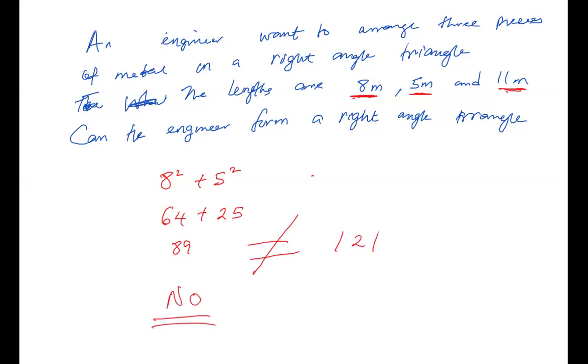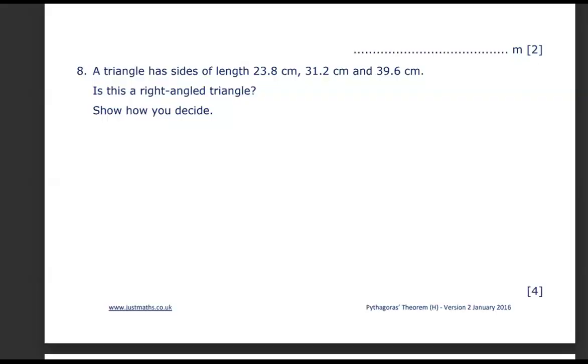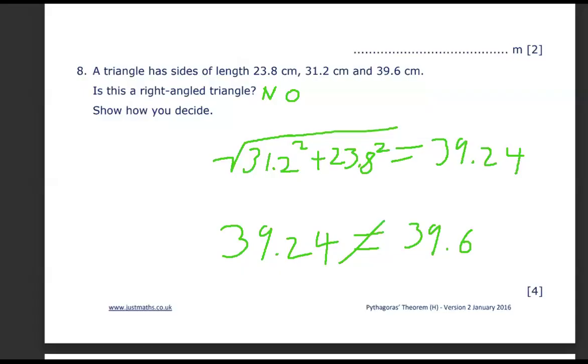So you can put that one down, please. The engineer cannot form it. Can you try this question, please? A triangle as this. Is this a right angle triangle? Show how you decide. That was clear. It's not. So well done on that.